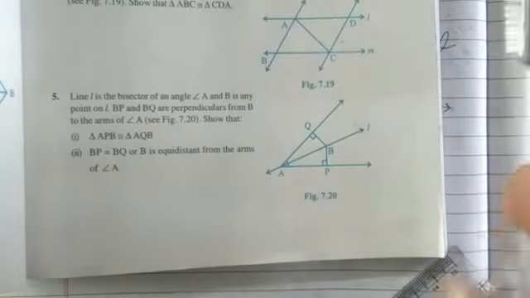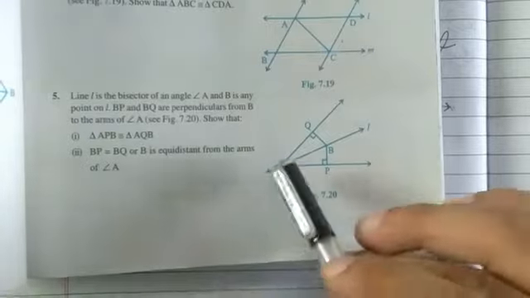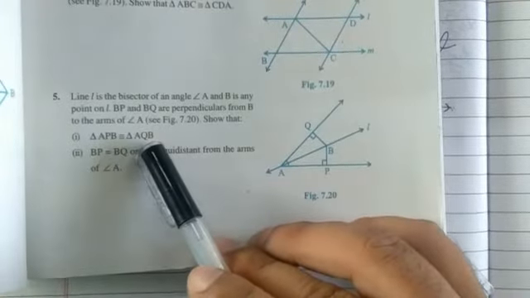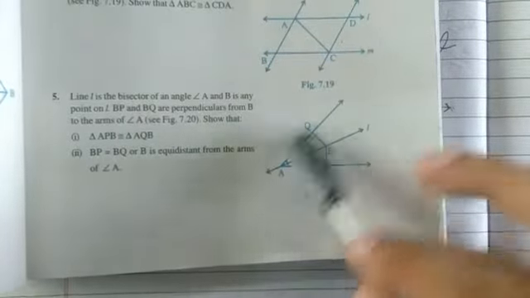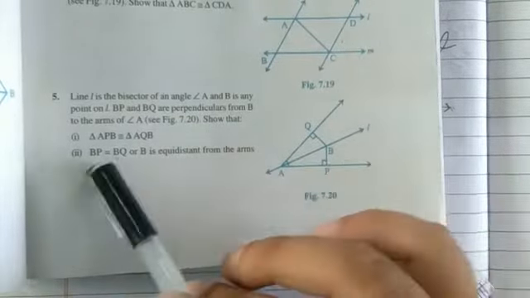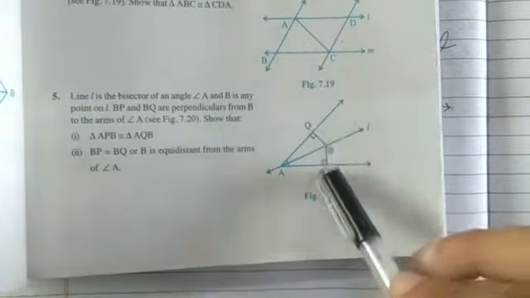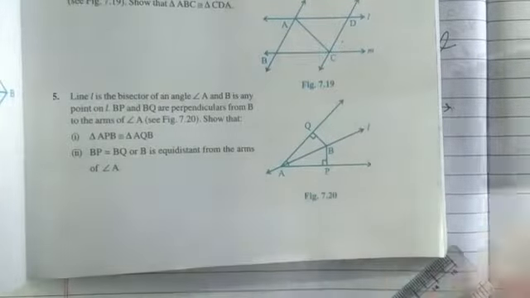Am I right? Then we need to show that triangle APB and triangle AQB are both congruent, and also show that BP is equal to BQ. That means B is equidistant from the arms of angle A.